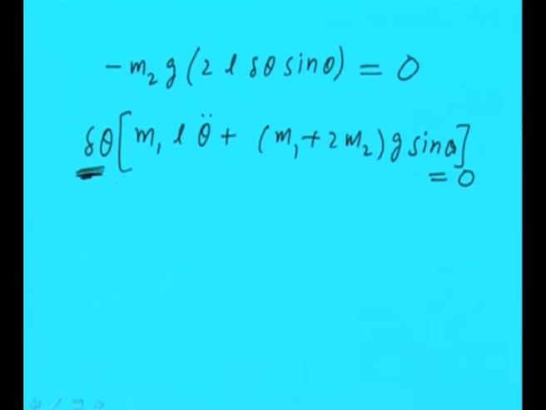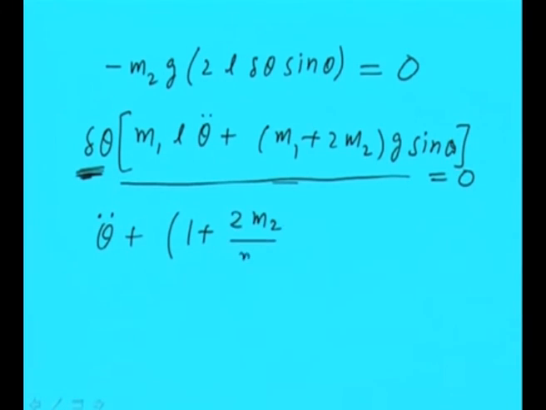Obviously, the terms in this particular bracket will be equated to 0, and that will give us theta double dot plus (1 plus 2 m2/m1) g by L theta equal to 0.